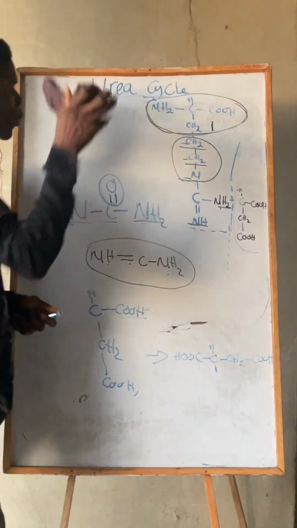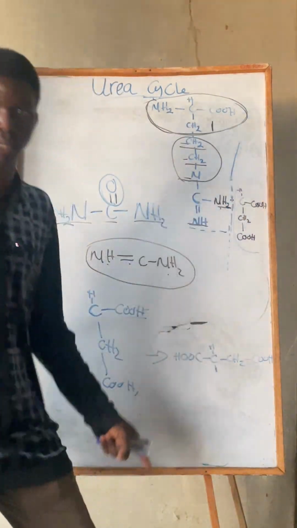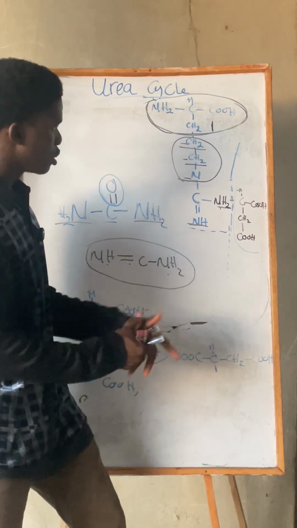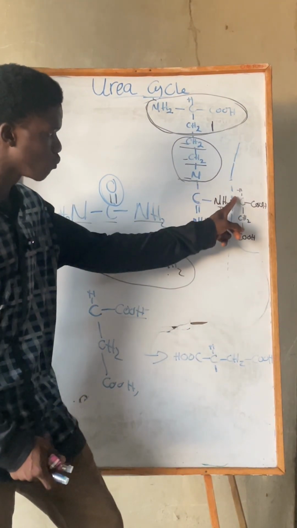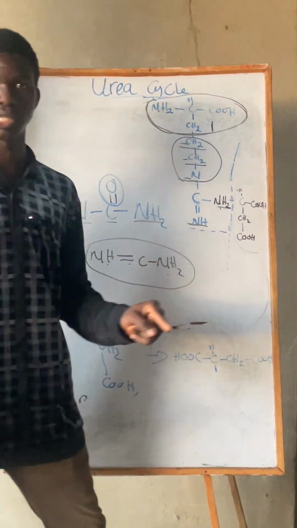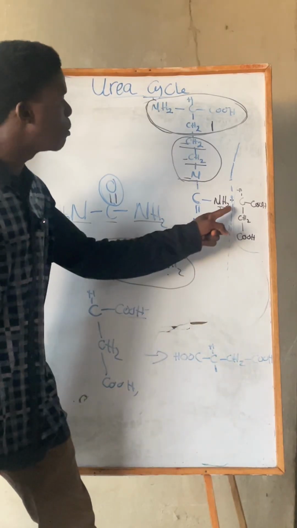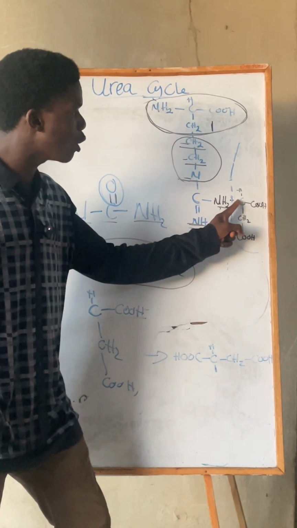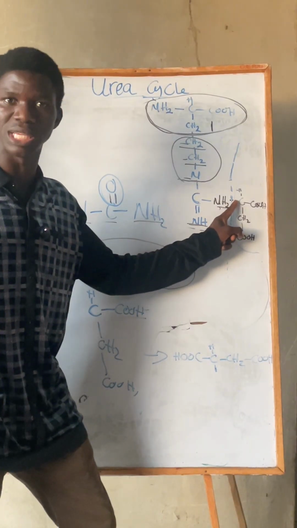So now the next thing is for this adenosine to break. Do you understand? So this guy is going to break here in the middle. When it breaks, it will break into adenine and succinate. But mind you, the moment this breaks, this carbon will not have any bond around it again.